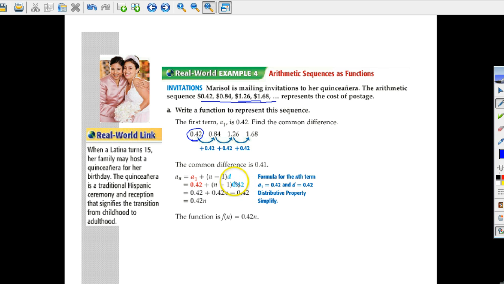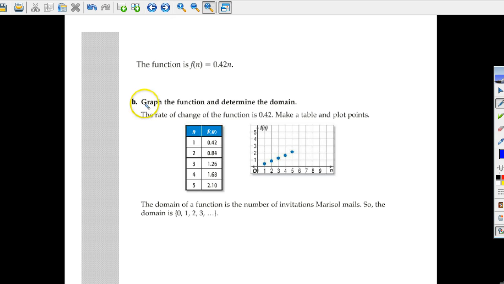I'm going to simplify this by using the distributive property. So 0.42 times n is 0.42n minus 0.42. The constants cancel out, and now you have 0.42n. That's your equation, that's your function.